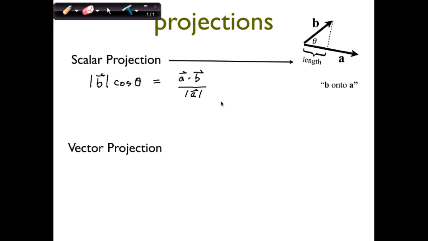Okay, so this is the scalar projection of B onto A, or the amount of B in the direction of A. So it makes sense that it has to do with the dot product, because the dot product is the product of the magnitudes as much as they're in the same direction. So this is just saying, what's the amount of one of those vectors in the direction of the other? Okay?